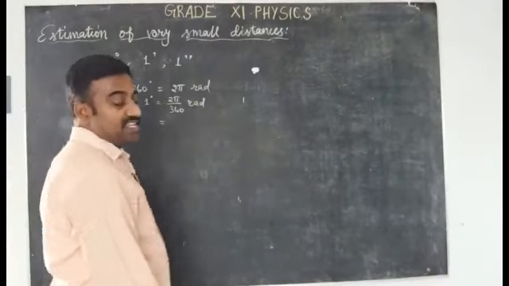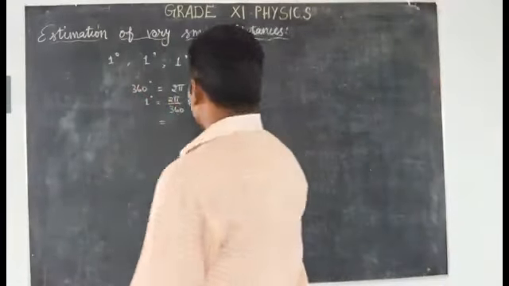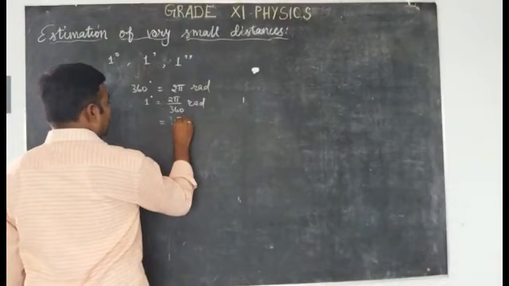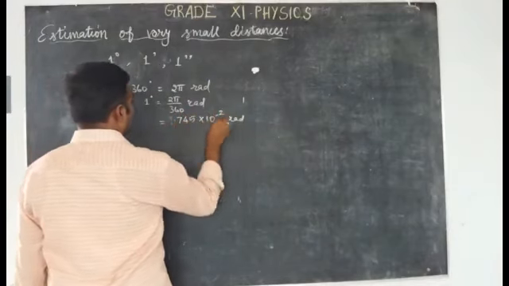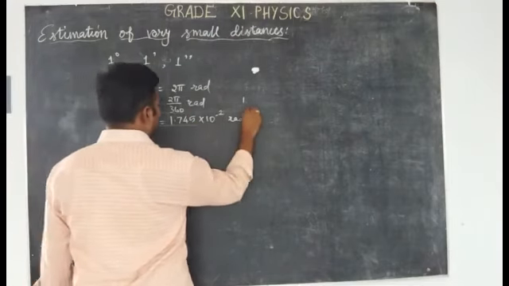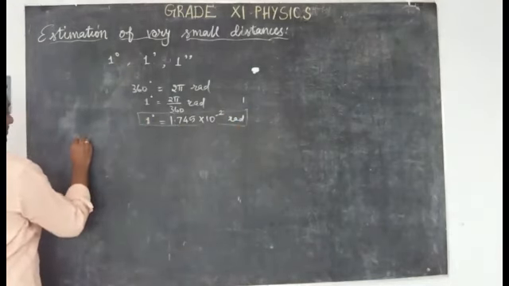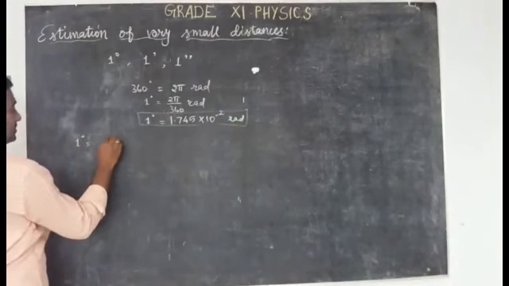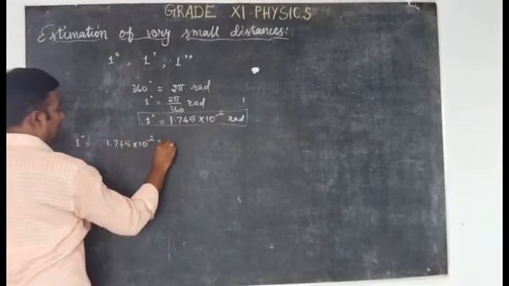The value of 1 degree, as we have already determined, is 1.745 into 10 to the power minus 2 radian. This is the value of 1 degree. Similarly, how to estimate the value of 1 minute? We know the 1 degree value is 1.745 into 10 to the power minus 2 radian.